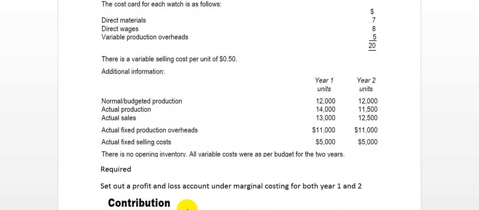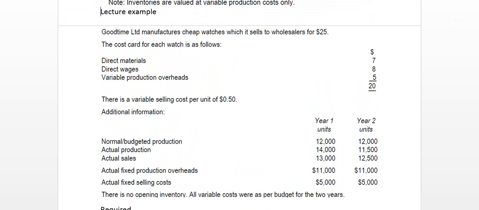So how do we calculate this profit? We have our selling price. The selling price is $25. How many watches were actually sold?